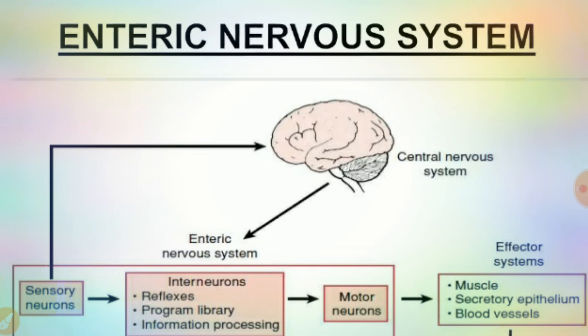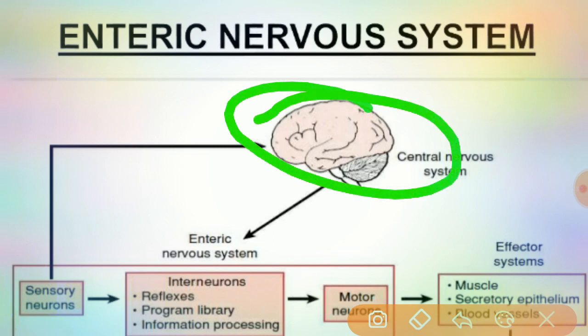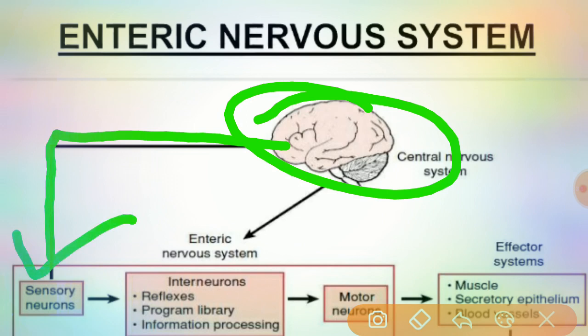Here the GI tract is innervated by the central nervous system, mainly by the sensory neurons.